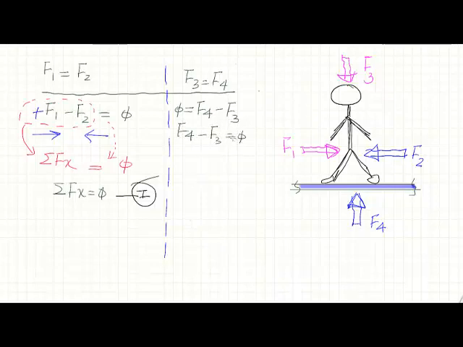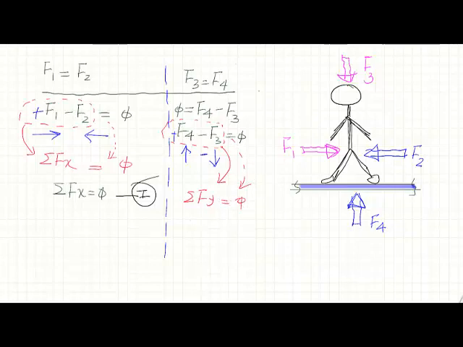Again, if we analyze it the same way, this is in the y direction, so F4 is a force upwards because it is positive, and F3 is downwards, so it is negative. If we take a closer look at what we did here, you'll notice that we summed all forces in the y direction, and this is equal to 0.